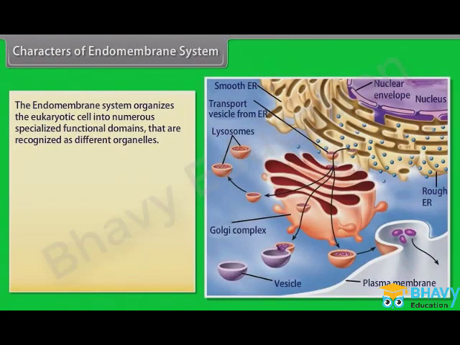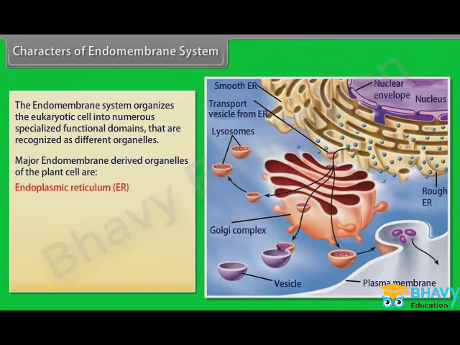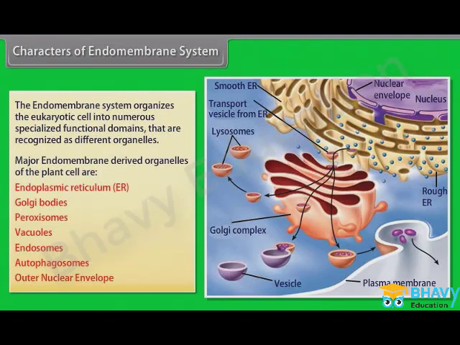The endomembrane system organizes the eukaryotic cell into numerous specialized functional domains that are recognized as different organelles. Major endomembrane-derived organelles of the plant cell are endoplasmic reticulum, Golgi bodies, peroxisomes, vacuoles, endosomes, autophagosomes, and the outer nuclear envelope.